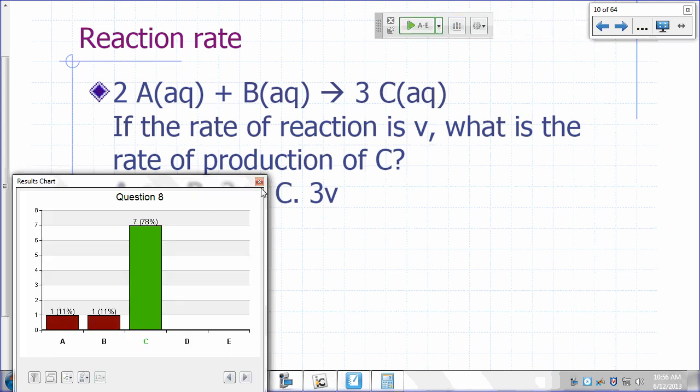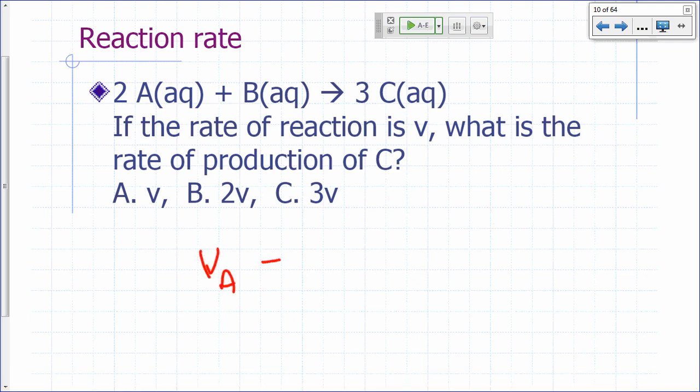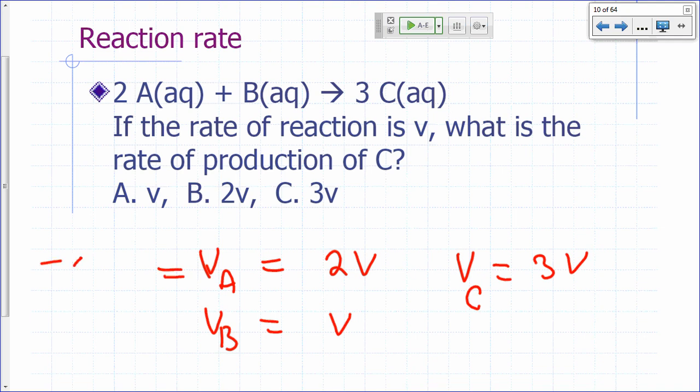3V. Very good. Okay. So we say that the rate of consumption of A is equal to 2V. The rate of consumption of B is what? It's just V. The rate of consumption of C is 3V. So rate of consumption of A is negative dA dt.